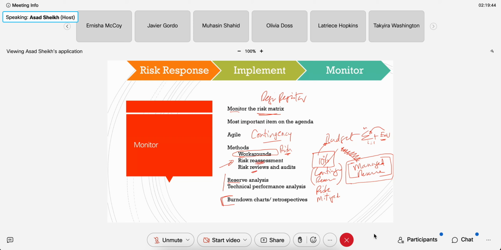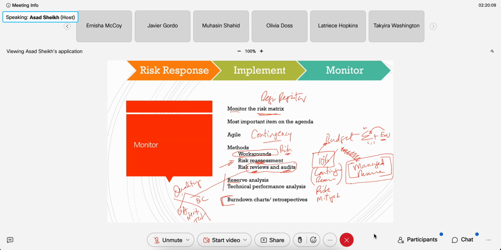Risk reviews and audits, these are part of your quality. You have two things in quality: quality assurance and quality control, QA and QC. QA is when you verify, when you test. That's QA.